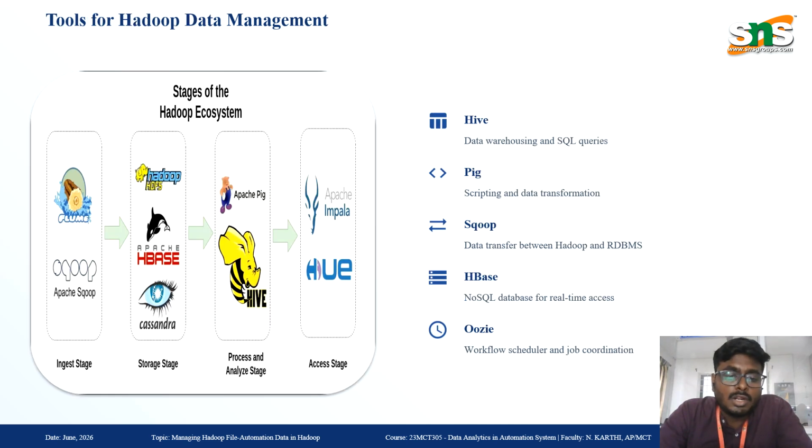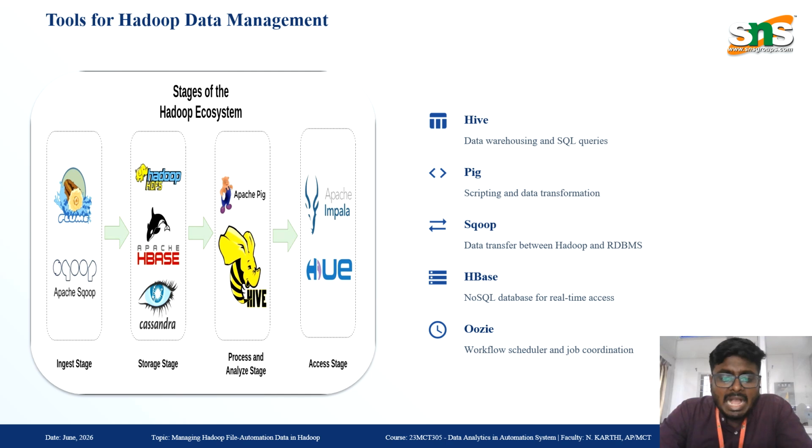And the tools for Hadoop data management. Hadoop does not work alone. So it has a rich ecosystem of tools. Hive lets you write SQL-like queries on HDFS data. Great for analysts who know SQL. Pig is a scripting language used for data transformation tasks, especially in ETL pipelines. Sqoop is your bridge between Hadoop and relational databases.